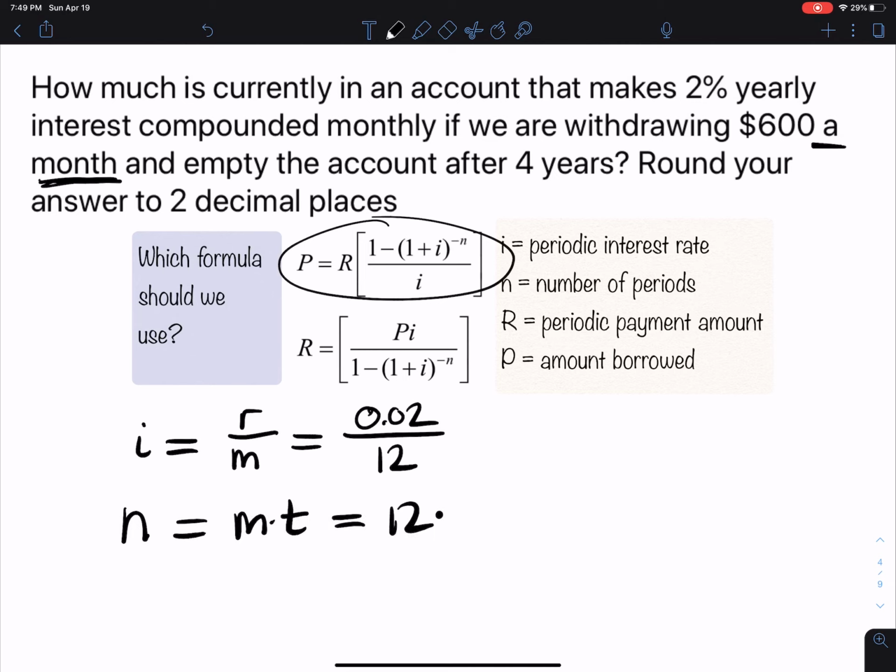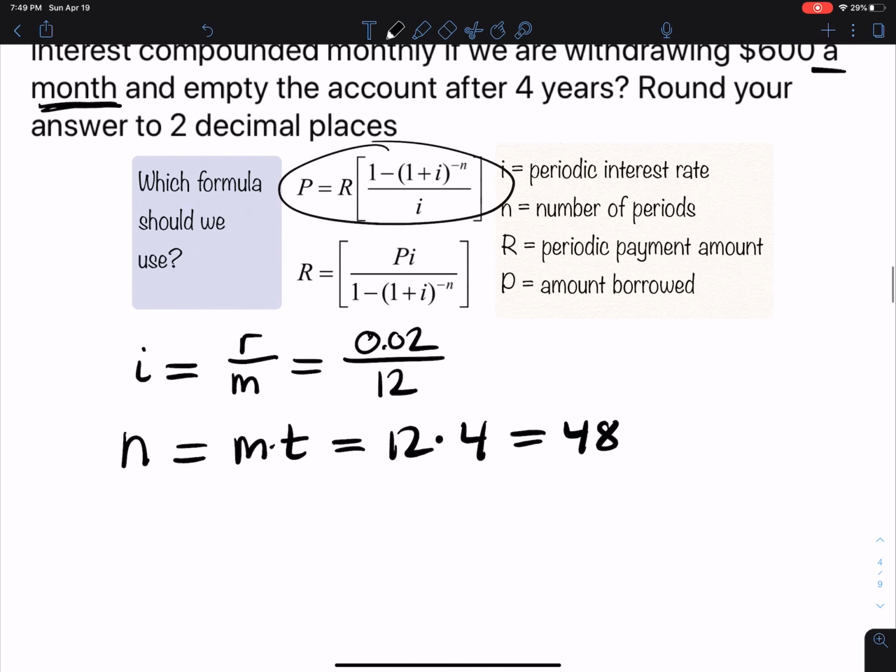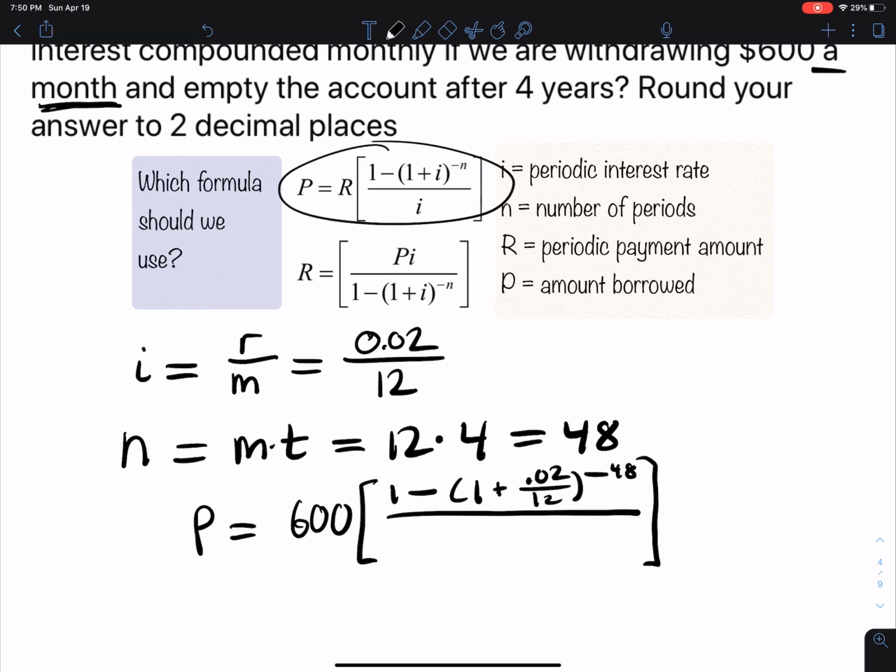How many years is it? 4, so that's 48. Okay, so we have everything we need. P equals 600 times 1 minus 1 plus 0.02 over 12 raised to the negative 48, divided by I, which is 0.02 divided by 12. And if we plug that in, that's the answer.